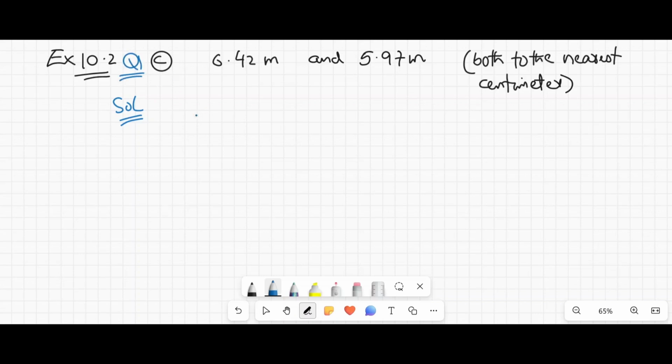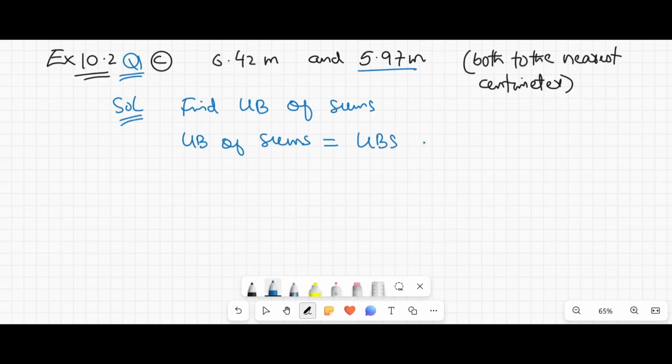So find the upper bound of sums. So finding the upper bound of the sums. So we will find the upper bound of the smaller number, and the upper bound of the larger number.